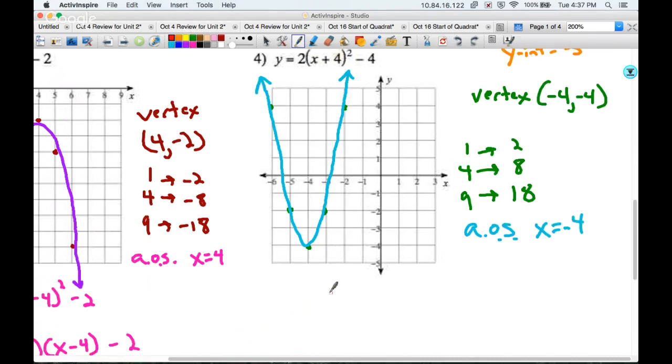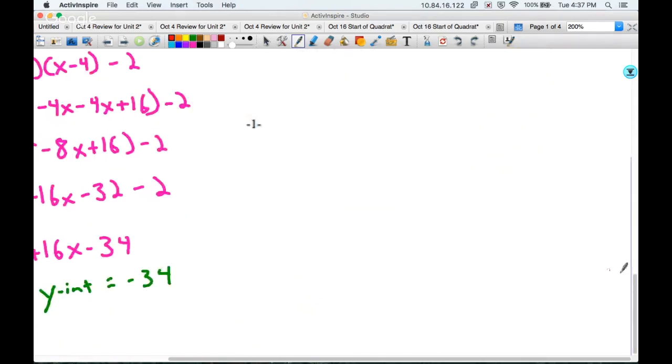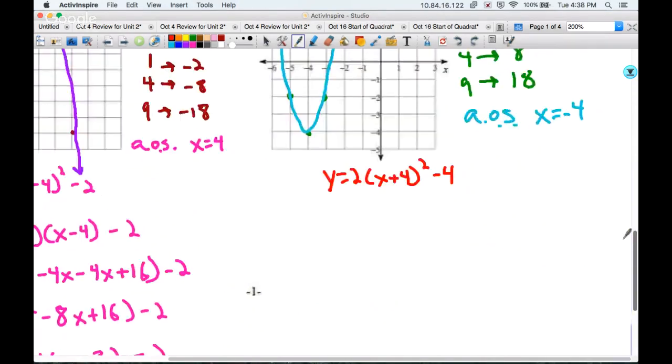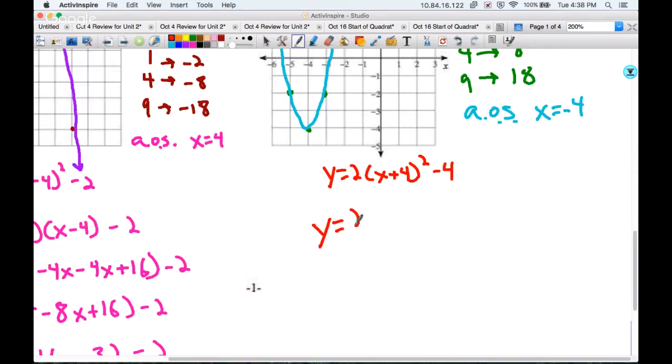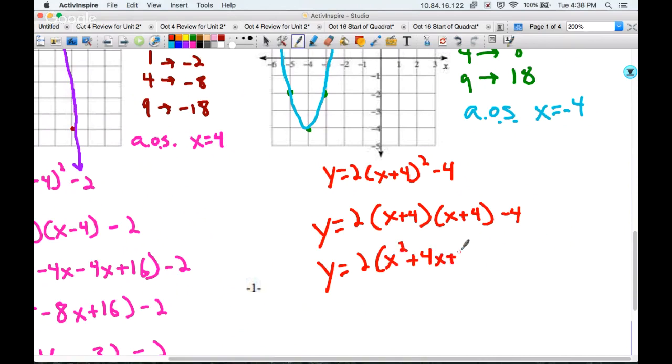Let's copy this down so we can convert it to standard form. y equals 2 times x plus 4 times x plus 4. y equals 2 times x squared plus 4x plus 4x plus 16 after I FOIL.